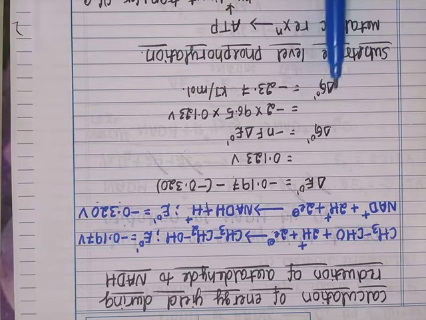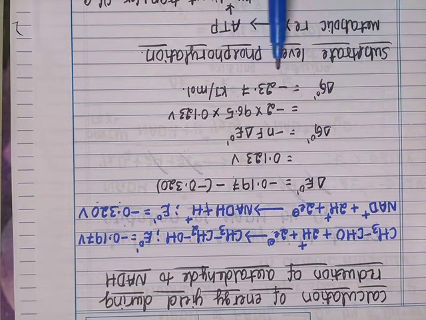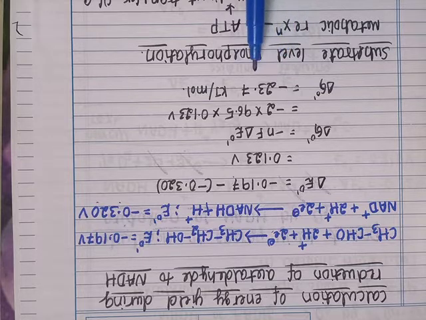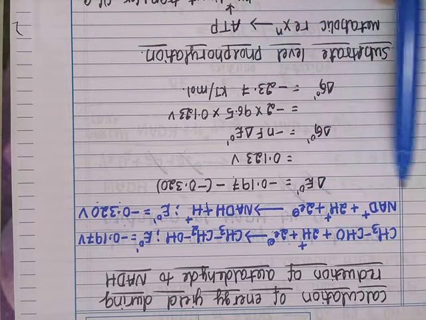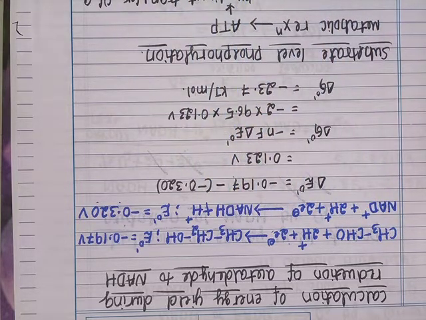Therefore the standard free energy change for this reaction is minus 23.7 kilojoules per mole. This is a negative value. Therefore the reduction of acetaldehyde by NADH is also a thermodynamically favorable and spontaneous process, and also an exergonic reaction.